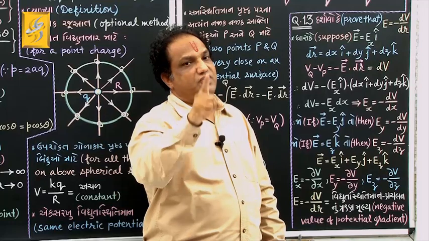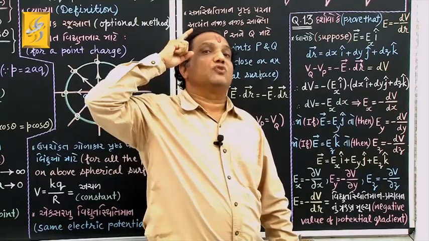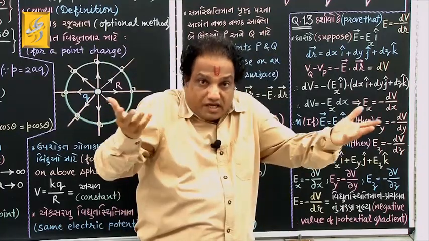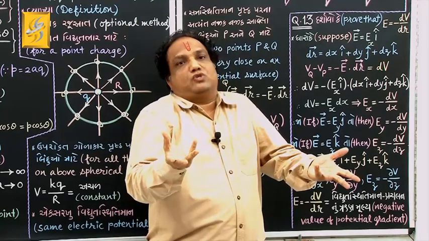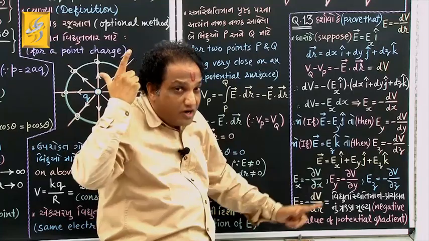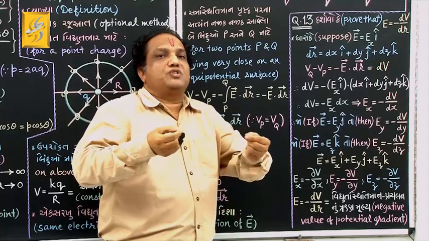So capital V, which is electric potential, will be a function of the x coordinate, of the y coordinate, and of the z coordinate also. Though electric potential is a function of three coordinates, you are taking the derivative with respect to only one coordinate. That's why it is not a complete derivative, it is a partial derivative.